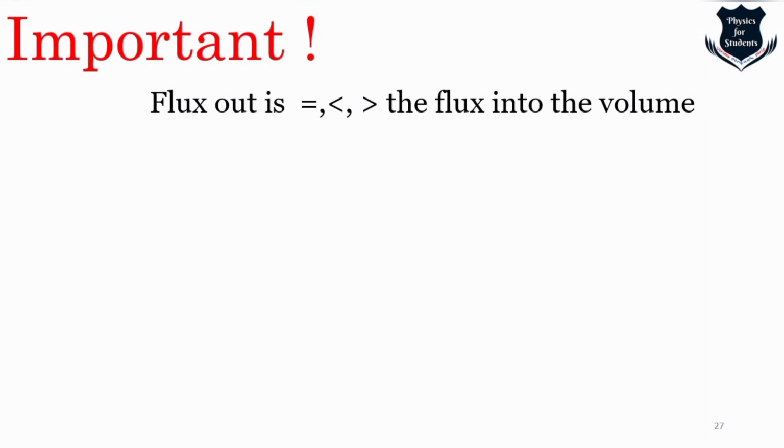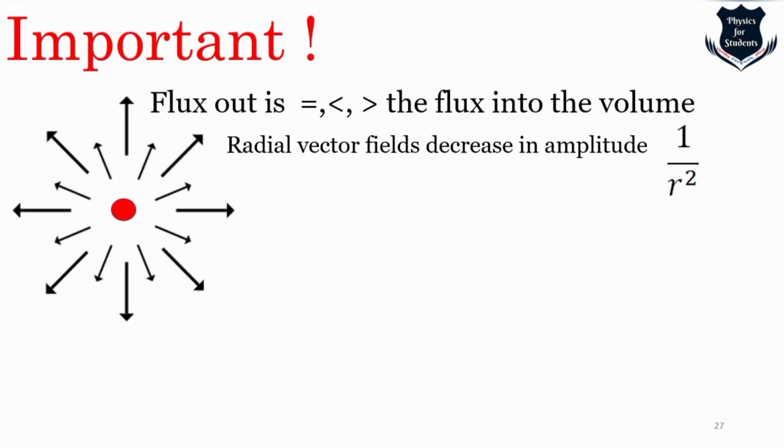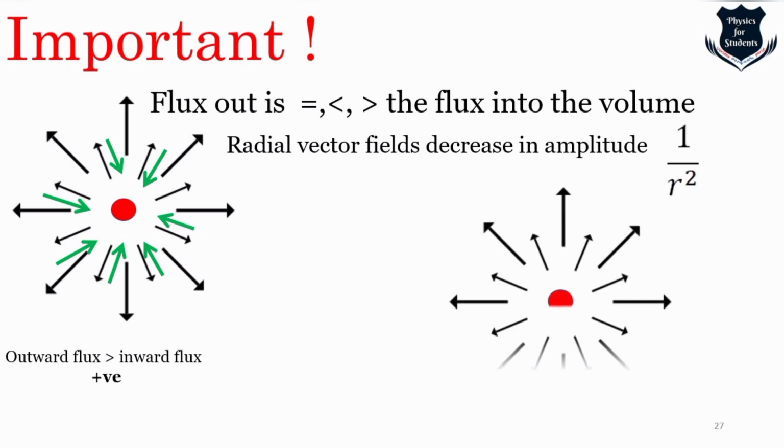So if the radial vector field decreases in amplitude, here is a figure. The outward flow is the black one and the inward flow is the green one. If the outward flow is greater, it is a positive divergence.